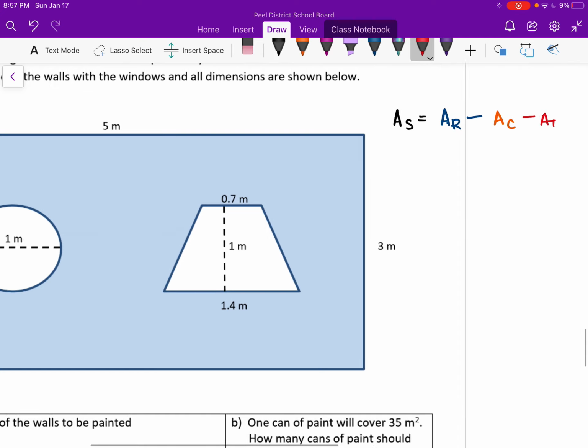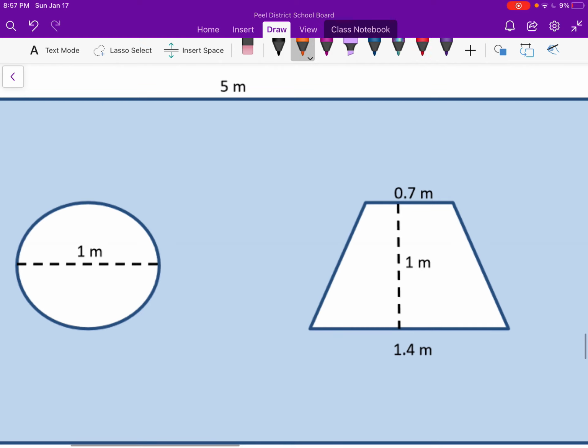So first things first, let's find the area of the circle. We already know how to find the area of a circle. The area of a circle is equal to pi r squared. We know what the diameter is. We just want to find half the diameter, so r is equal to 0.5. So we have pi times 0.5 squared, and I found that from taking the diameter and dividing it by 2.